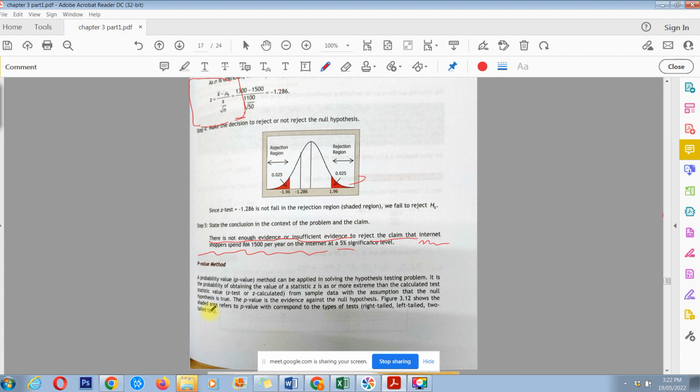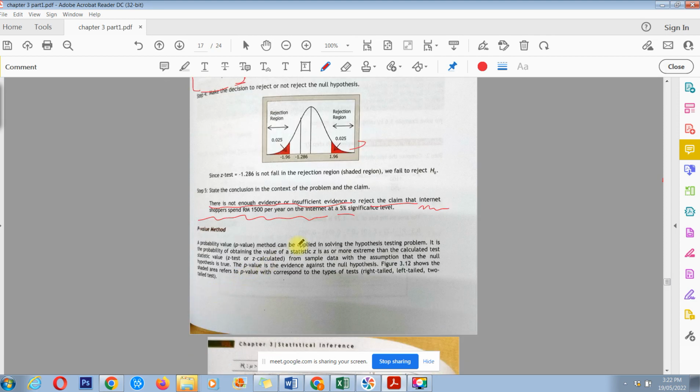We have another method which we call the p-value. The p-value method is applied in solving a hypothesis testing problem.